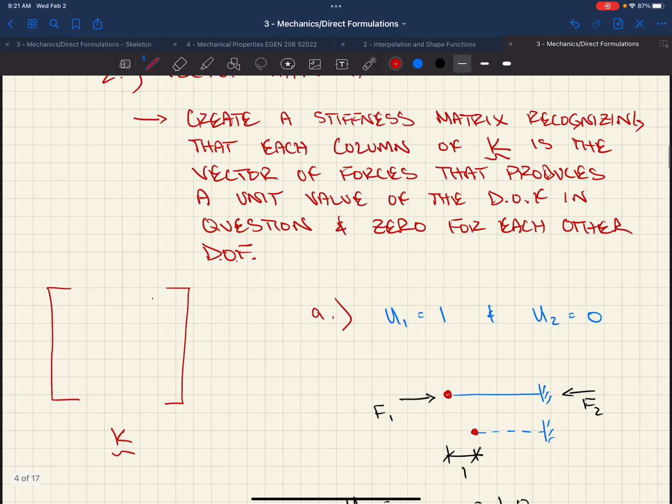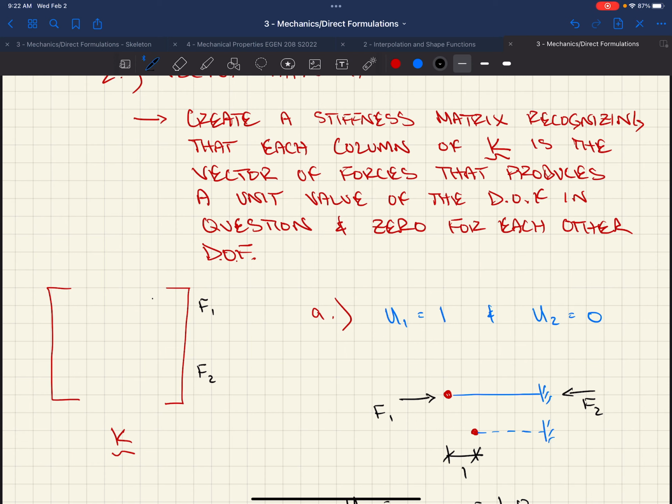So for each column of K, it's the vector of forces. If we looked at our K, this is force 1 and force 2, that's each row. That provides a unit deformation of our degree of freedom for each of the columns.